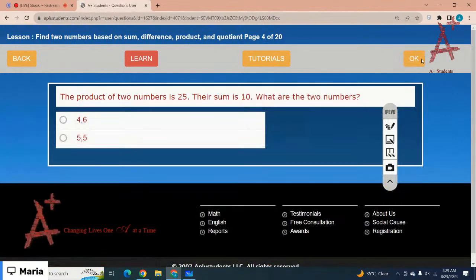Okay, the product of two numbers is 25, their sum is 10. What are the two numbers? So, which is the correct option? Which two numbers, when multiplied, make 25 and when added, make 10?